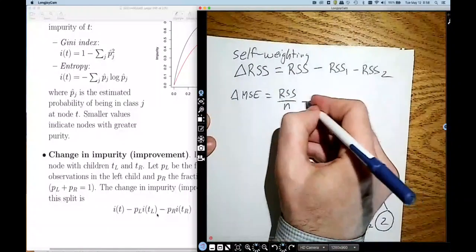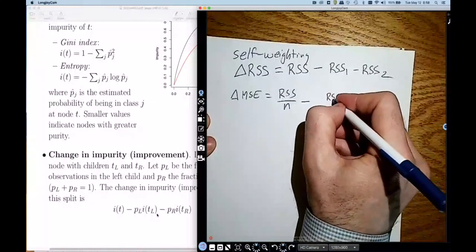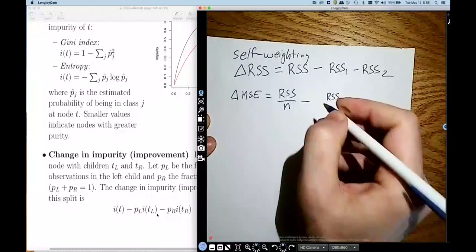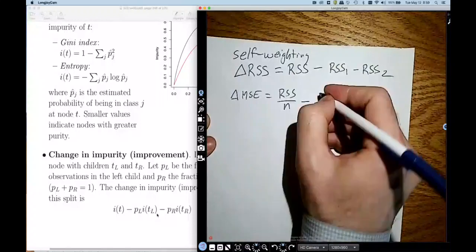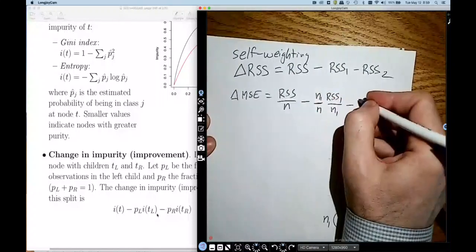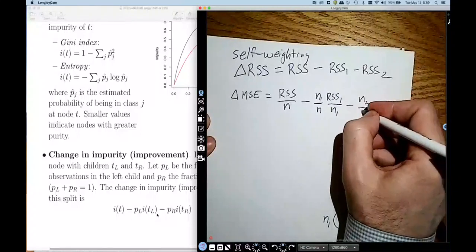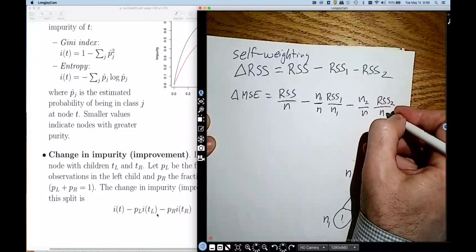Now what I'm going to do here is write this as RSS1 divided by n, but I'm going to multiply by n1 over n1. And then let's do the same thing here, n2 over n, RSS2 over n2.